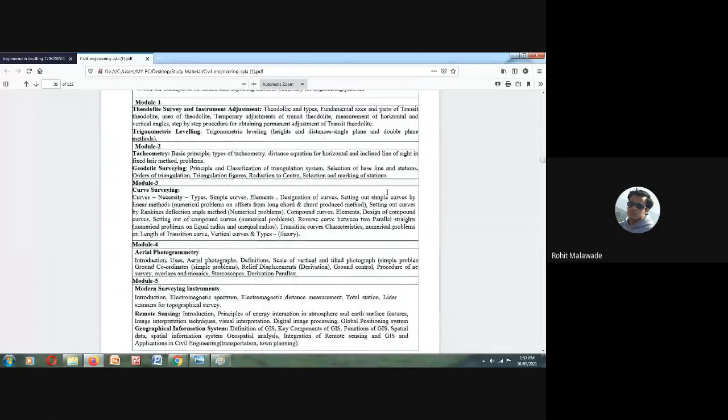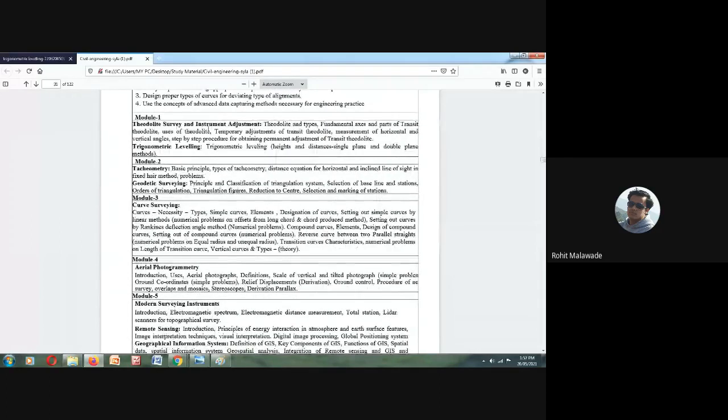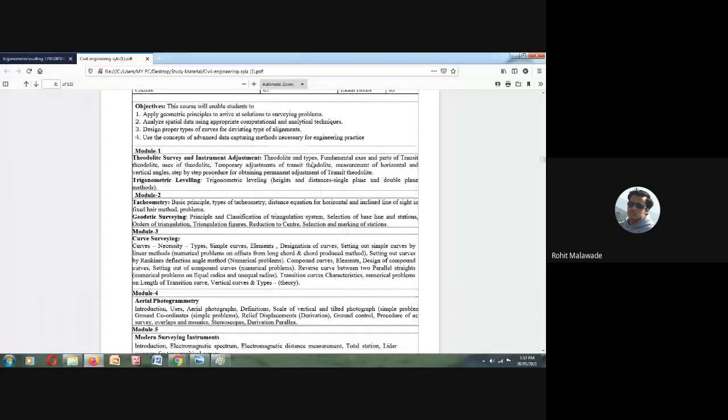So theodolite survey and the instrument adjustments, that is the first module. Theodolite and its types. What are the different types of theodolites? Transit, non-transit. Very good. Fundamental axes and different parts of theodolite we have studied. Uses of theodolite, it is completed.